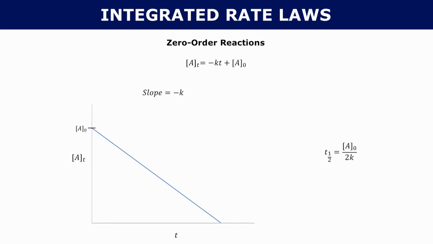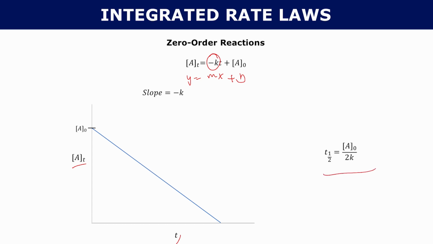You'll notice that all your integrated rate laws are in the form of y equals mx plus b. So you can end up graphing them and you'll see the slope that you get. In this case, the graph of the concentration with respect to time is linear and has a negative slope, the slope being the negative k, that's your m here. And that's your integrated rate law for zero order reactions.